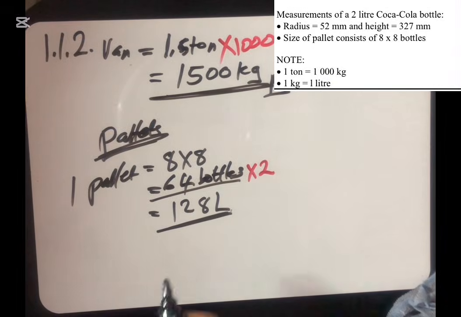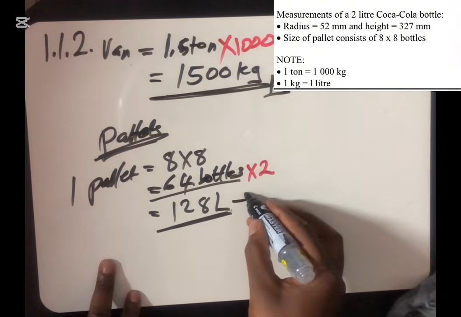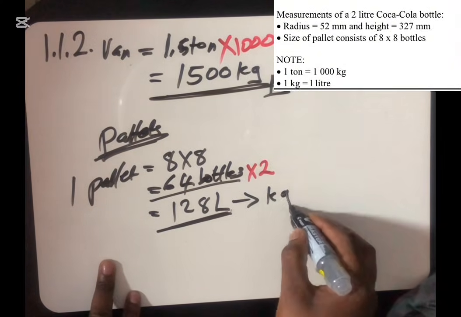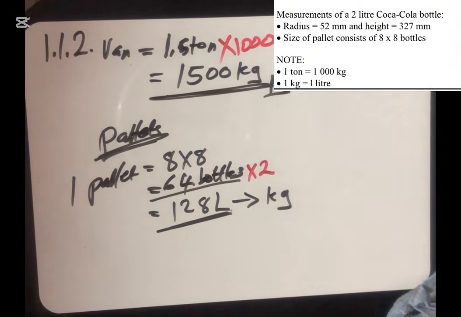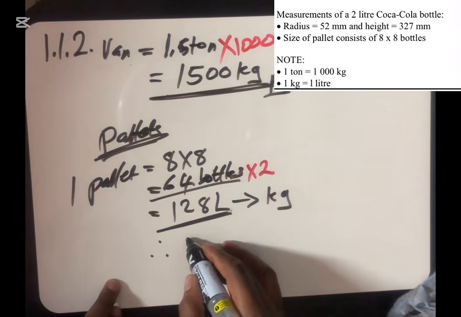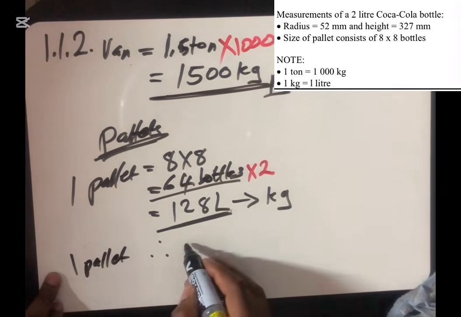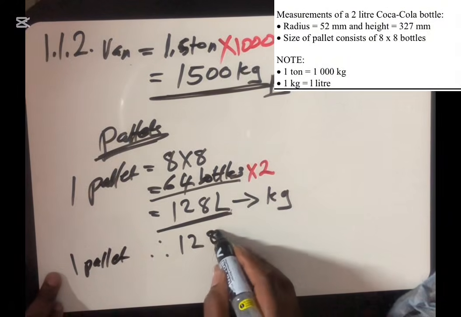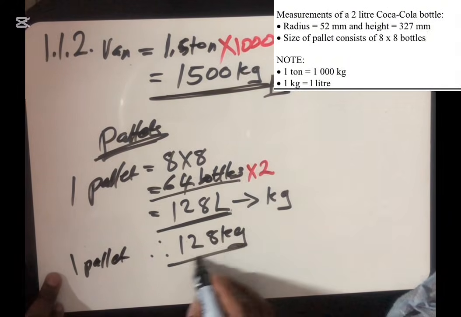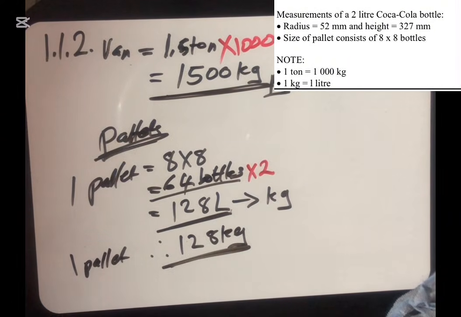So what we need to do, we must convert this to kg using the relationship that we are given here. They are saying that 1 liter is equal to 1 kg. Therefore, the weight of one pallet is equal to 128 kg.